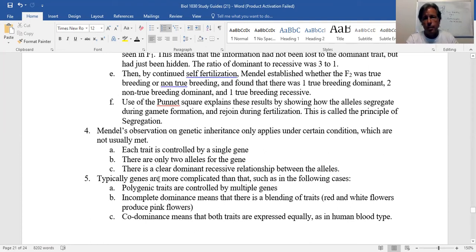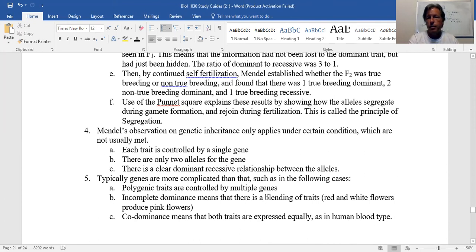Now, a couple other words we want you to understand, right? In this case, each trait is controlled by a single gene. That doesn't apply if a trait is polygenic, right? That means multiple genes. If I have multiple genes for one trait, then this can be confusing.